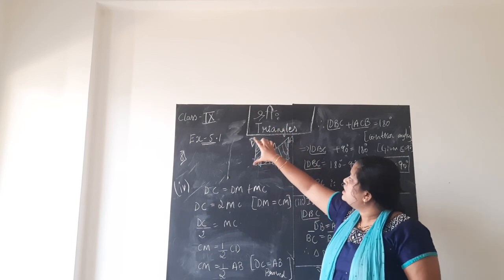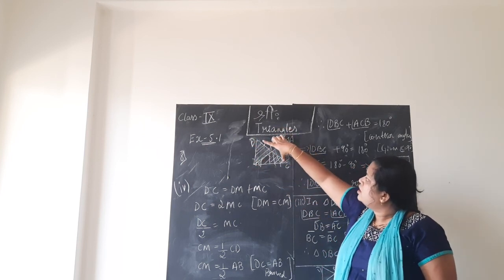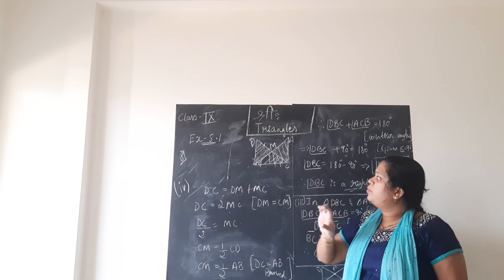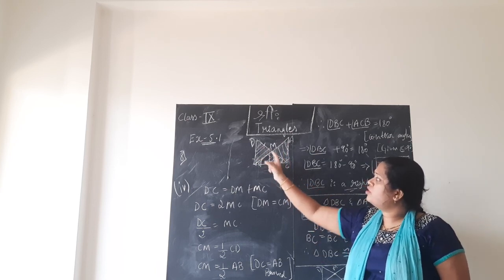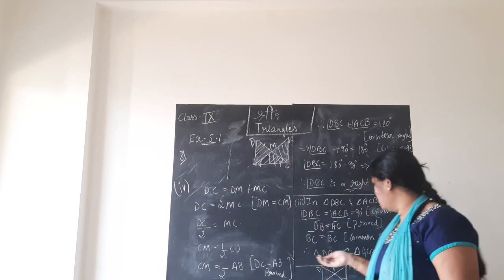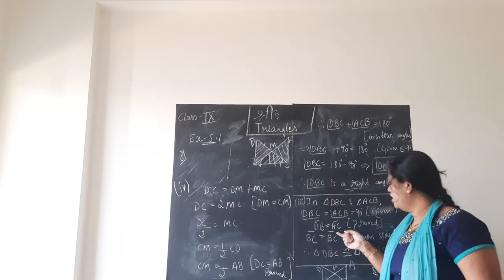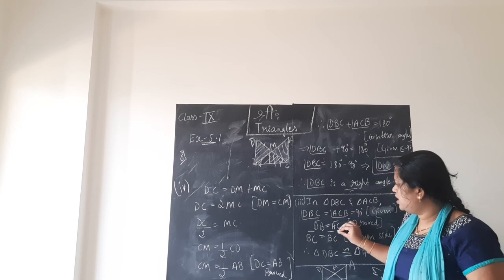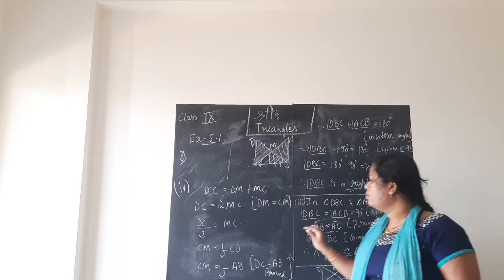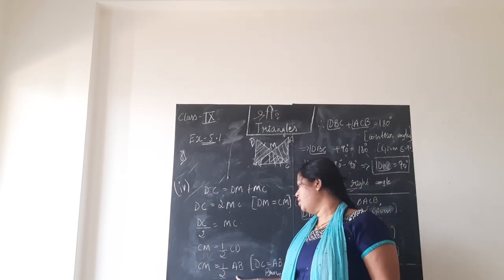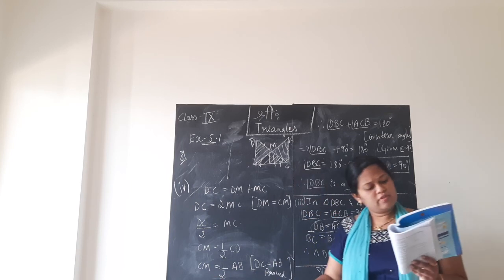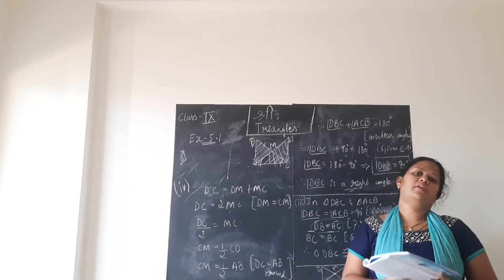How did we prove it? We proved that these two big triangles are congruent. So by that we can say, somewhere we proved here DB is equal to AC. So based on that, children, CD you can replace by AB. So CM is half of AB. That is the required proof.